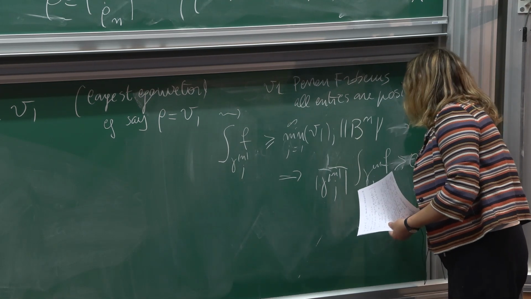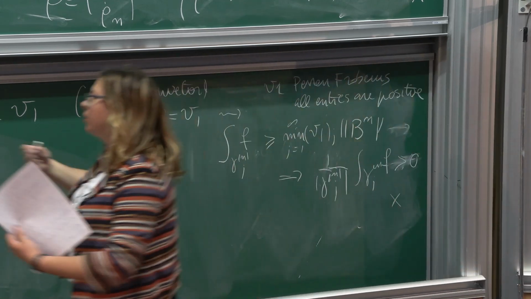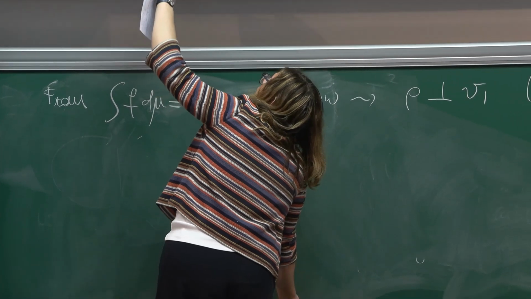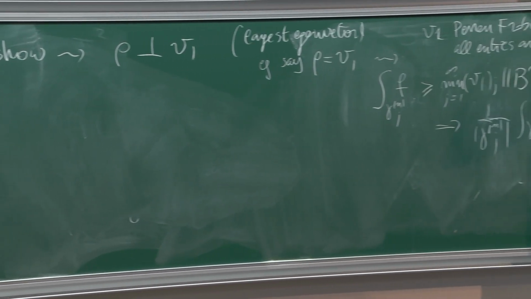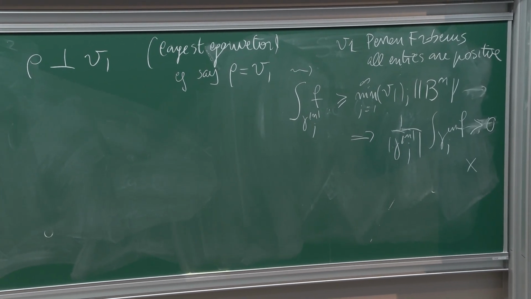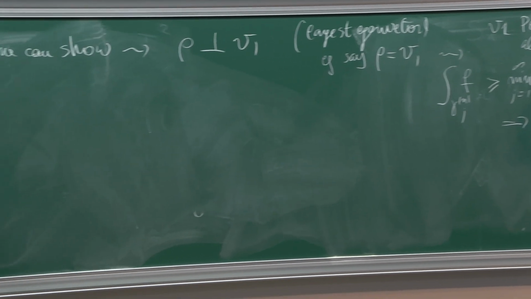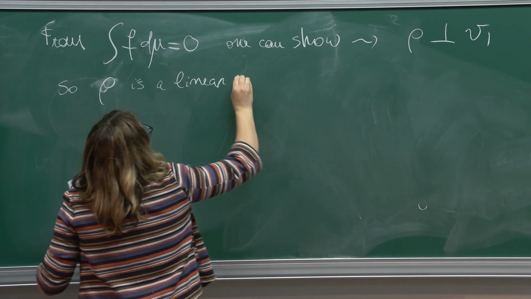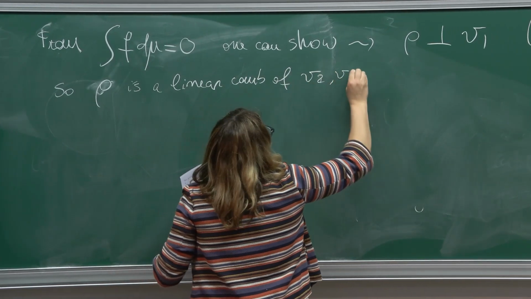It's a contradiction with the fact that the integral is 0. So somehow, if the integral is 0, you cannot project on the first eigenvector. So rho is a linear combination of V2 and possibly V3 and V4.